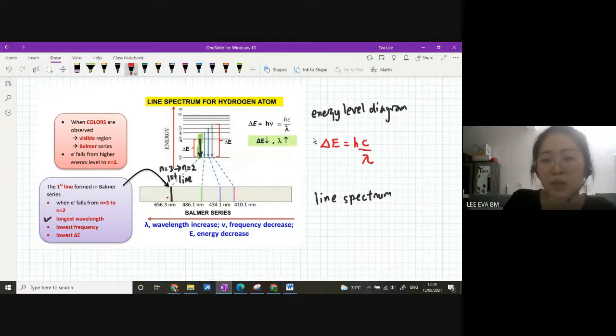If you have a smaller value for energy difference, or energy released, you have the longest wavelength. So the first line in every series has the smallest delta E, the longest wavelength, and the lowest frequency. Why the lowest frequency? Same, if we apply the formula delta E equals h nu. If for the first line delta E is the smallest, therefore the frequency will be the lowest. So you need to take notes on the relationship between your delta E, lambda, and frequency.